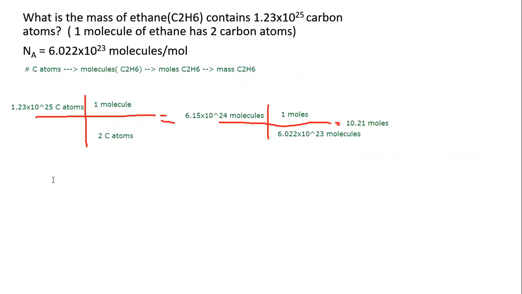So now we have the moles of ethane. We can find the mass of ethane by multiplying by the molar mass. Oh, and we need to calculate the molar mass. So the molar mass, we have 2 carbons, 12 grams each, plus 6 hydrogen, 1.